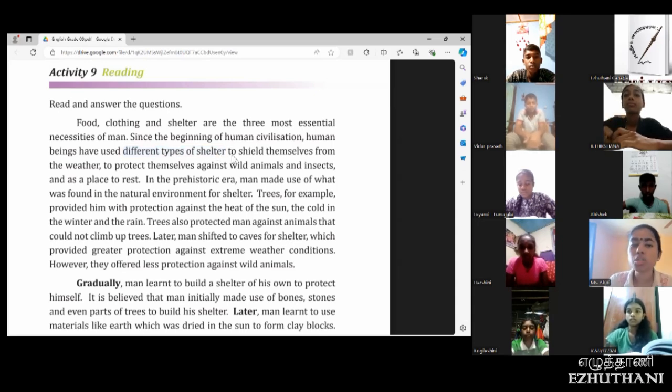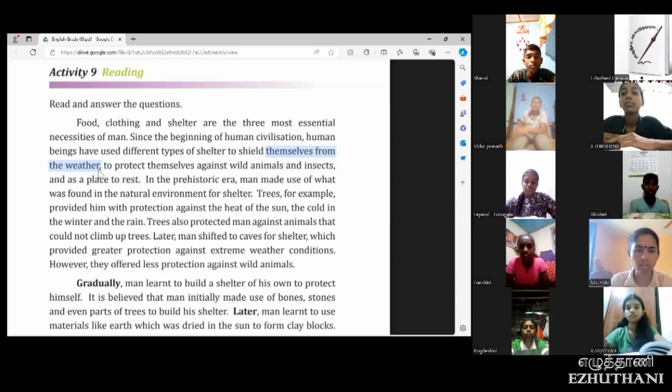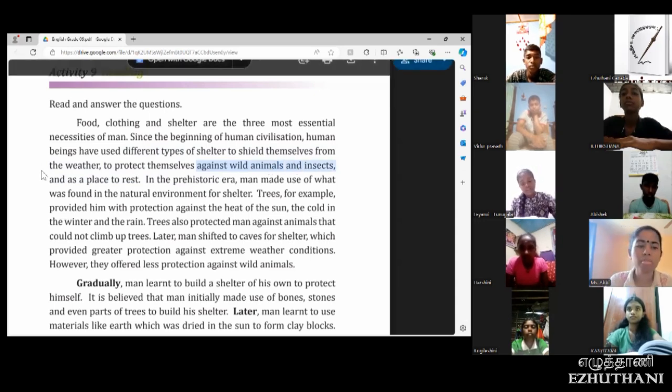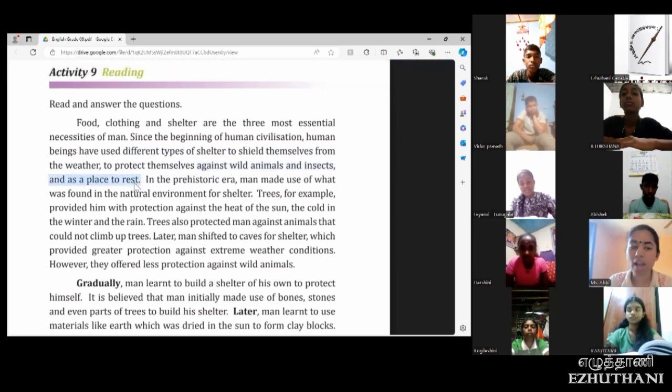Okay. So have used different types of shelter. வித்தியாசமான உறைவிடங்கள் to shield themselves. அவங்கள பாதுகாக்கிறதுக்காக from the weather. Weather தெரியும் தானே, right? Everyone knows what weather is? Okay, good. To protect themselves, பாதுகாக்கிறது, against wild animals. Wild animals means காட்டுக்குள்ள இருக்கிற மிருகங்கள் and insects, கரப்பாம்பூச்சி, whatever, and as a place to rest.